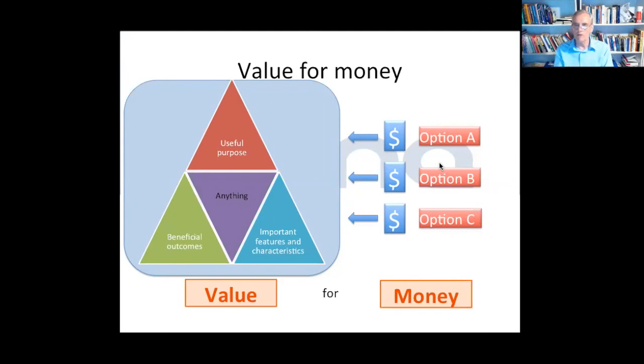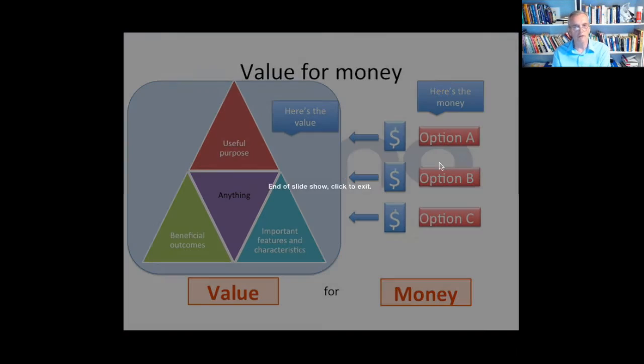The number of options that are available for us to do it, the costs of those options, and which of those options will deliver best value for money becomes the question. We're going to deal with that in the next presentation. So here's the value and here's the money.